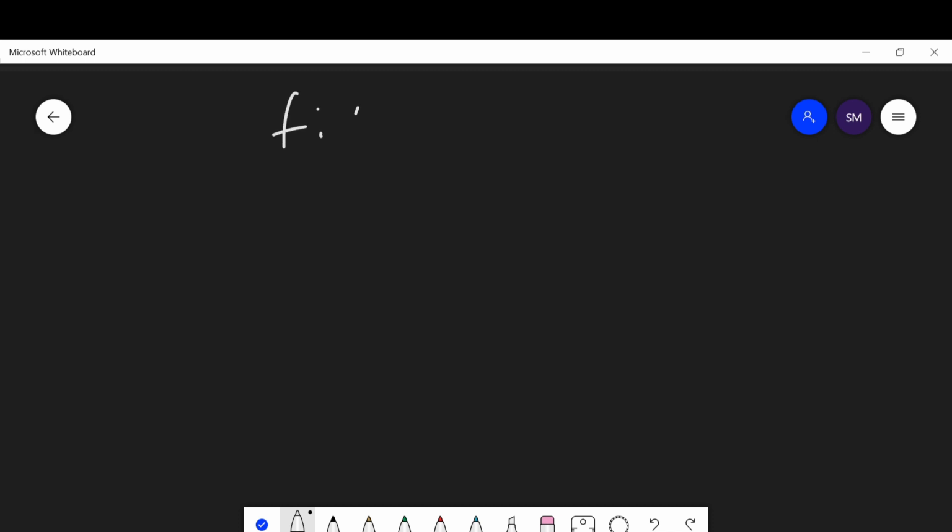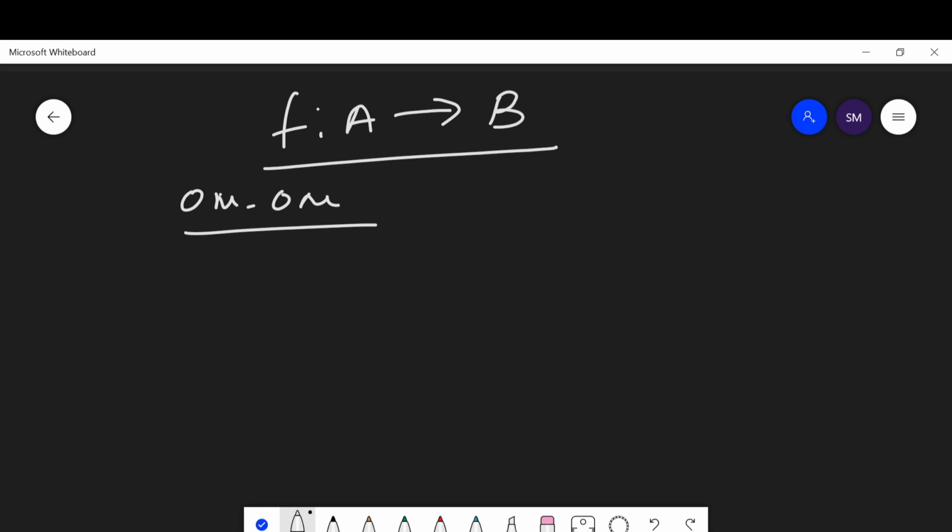A function from A to B. Here we discuss one-one functions. In my last sessions we discussed what is image, what is range of a function, what is domain and codomain, diagrammatic representations of functions, and what is the difference between relations and functions.